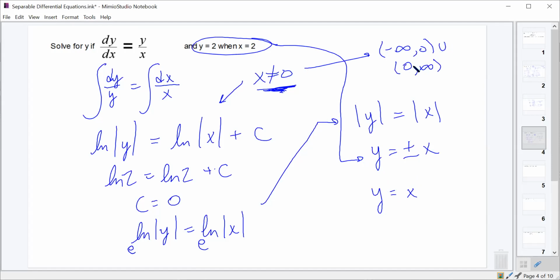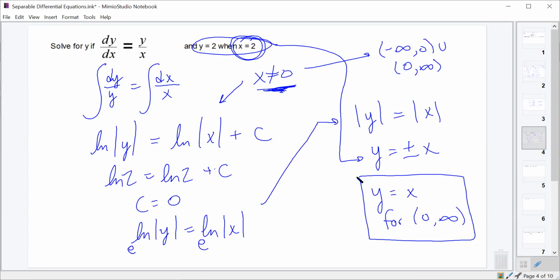And which of those, we remember we only pick the one piece that includes x equals 2. So which single piece includes x equals 2? The piece from 0 to infinity. Questions on that?